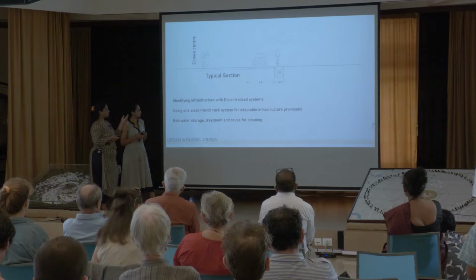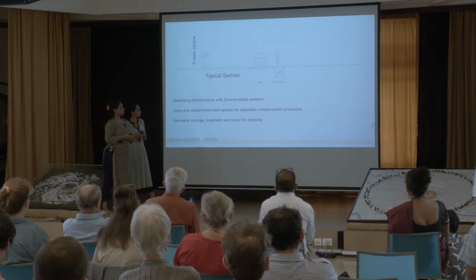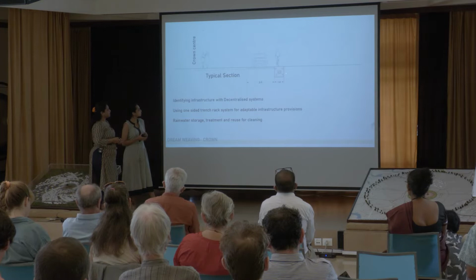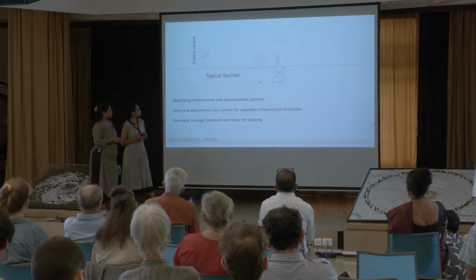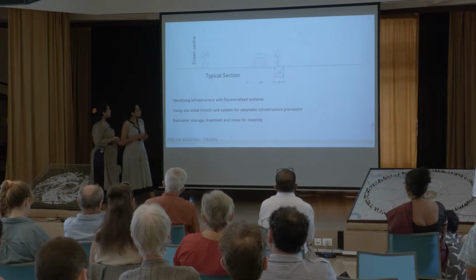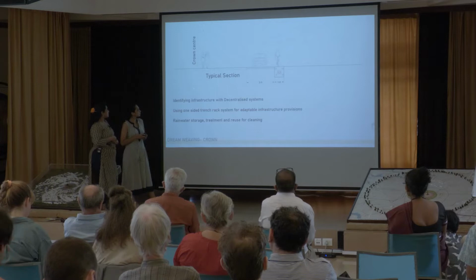So what we thought was one side of the road could be the trench rack system, with a service road next to it. Right now this section depicts one of the areas where the current HT line is marked. So we thought in some similar place the trench rack system could come, and the crown center is here.